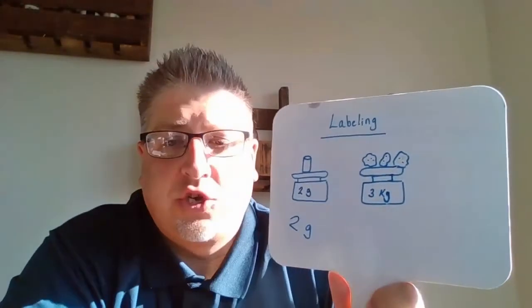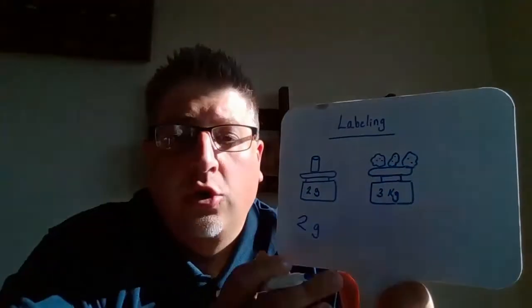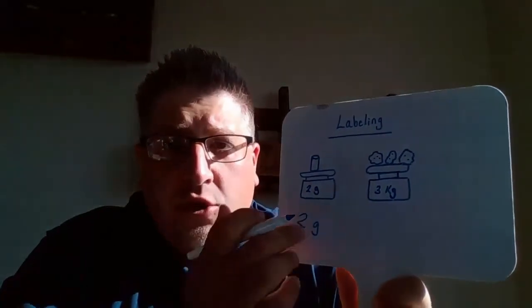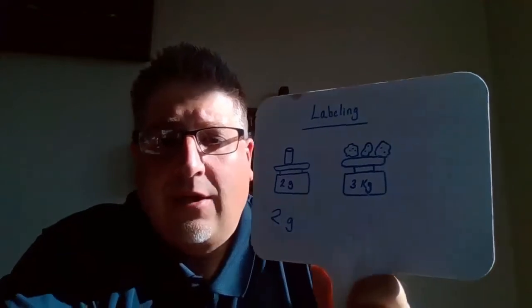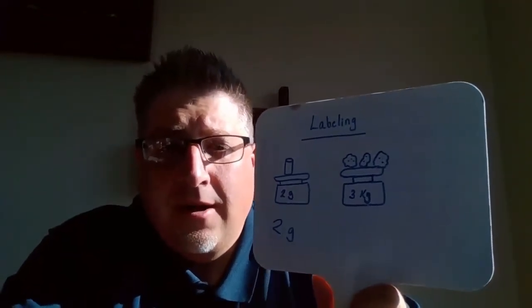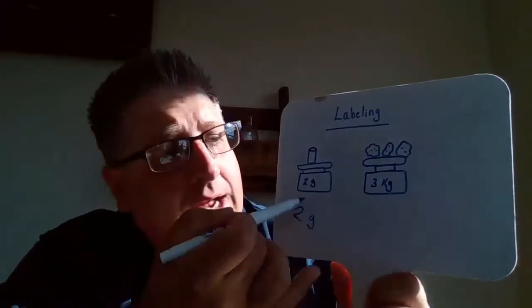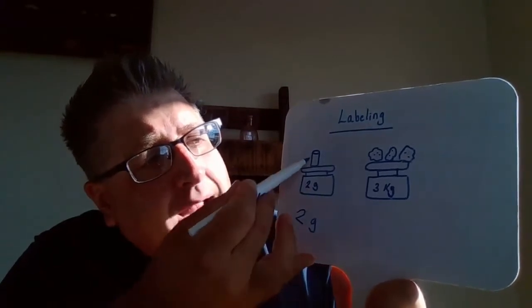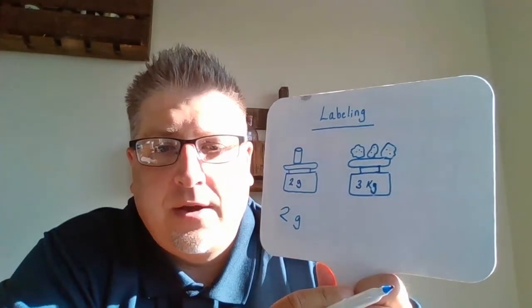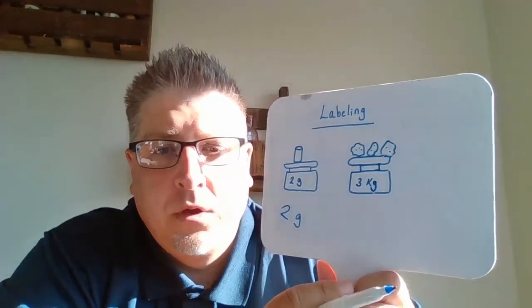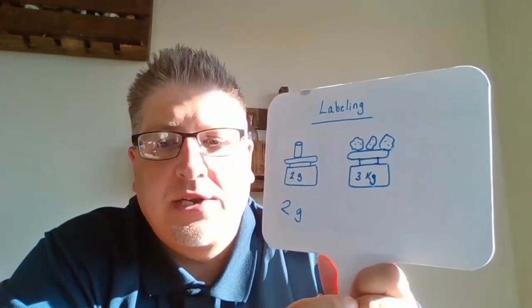That G represents grams, okay? So if you're measuring something in grams or reading something in grams, make sure you label it. The number 2 by itself is not going to suffice, all right? They're going to ask you to label it, and in this case, we have 2 grams. This can has 2 grams when we put it on the scale here, okay? So make sure that G represents grams.